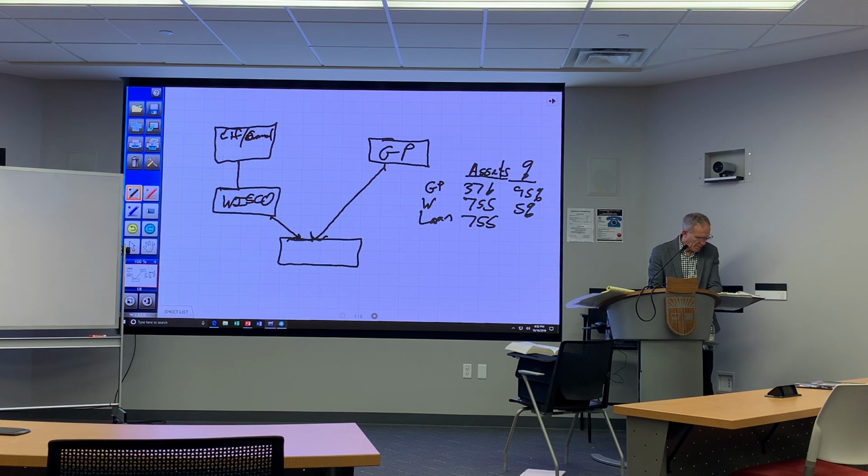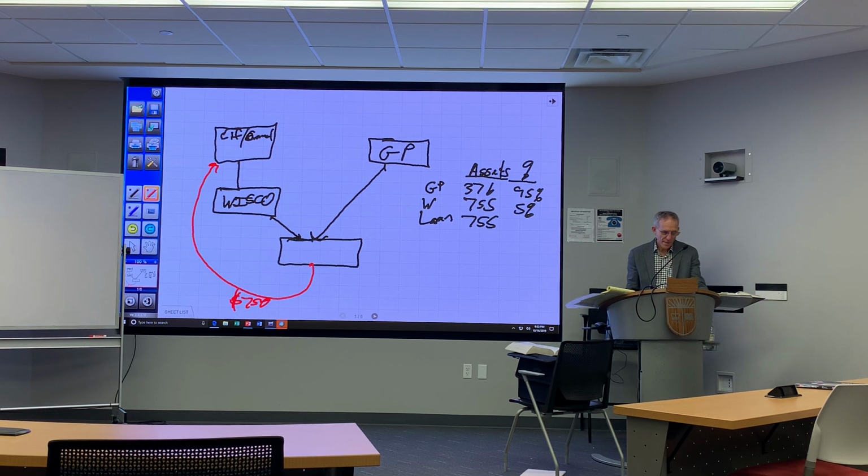They formed this new partnership, and the new partnership borrows $750 million worth of loans, and distributes it up to Canal.